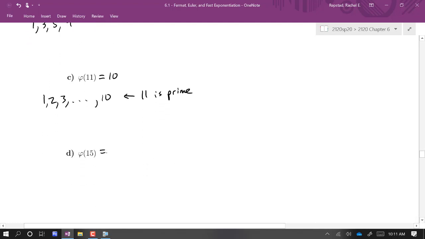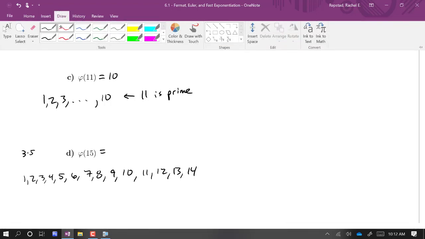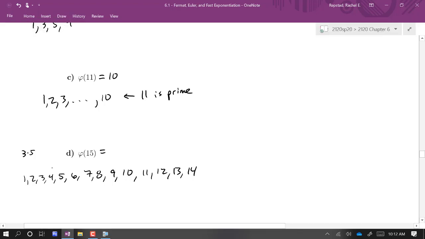None of those integers are going to share any divisors with a prime. Phi of 15, let's see. So 15 is 3 times 5, which means if I'm looking for the integers that are relatively prime to 15, and bear with me, I'm going to just write them all out. I want to take out any multiples of 3 and any multiples of 5.